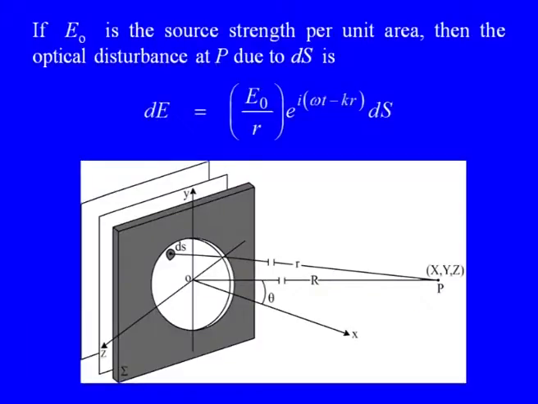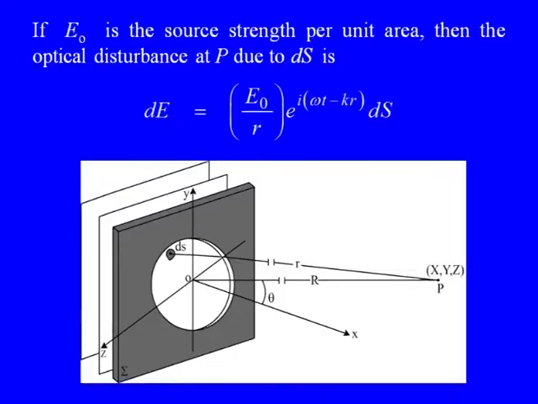Now, if E0 is the source strength per unit area, then the optical disturbance at the point P due to a small elementary area dS in the aperture is given by E naught upon r. This r in the denominator is because it is a spherical wave, and e raised to the power i omega t minus k r, that is the usual wave phase factor, times the area dS.